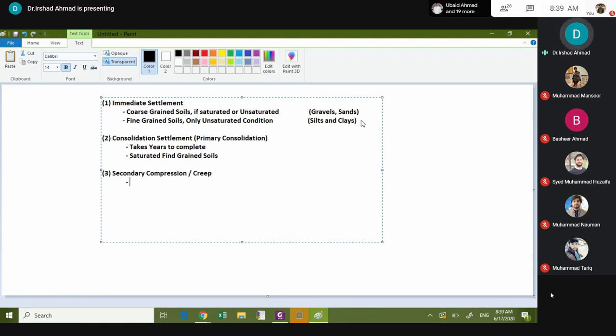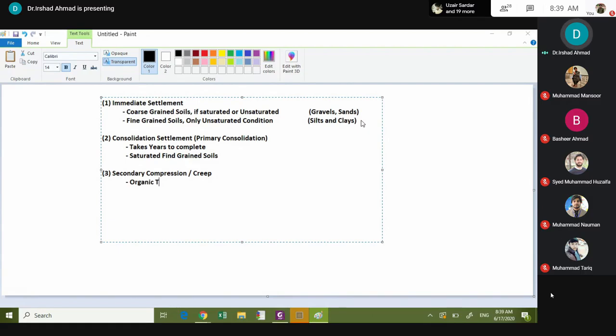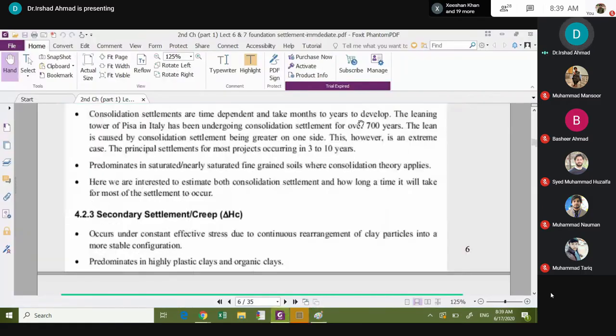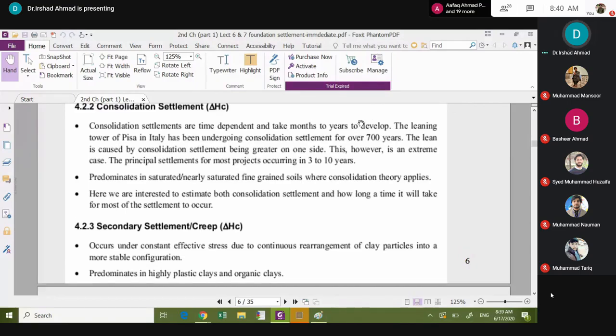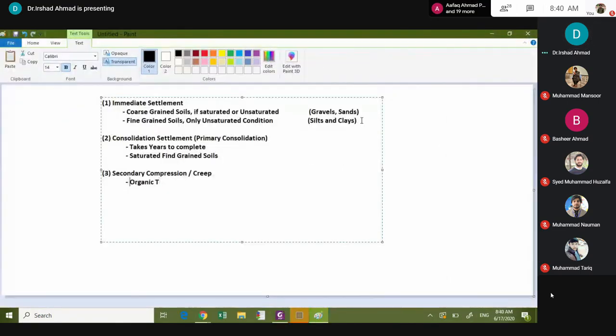It predominates in organic types of soil, highly plastic clays or organic soils. So these are the types of soil in which they predominate.